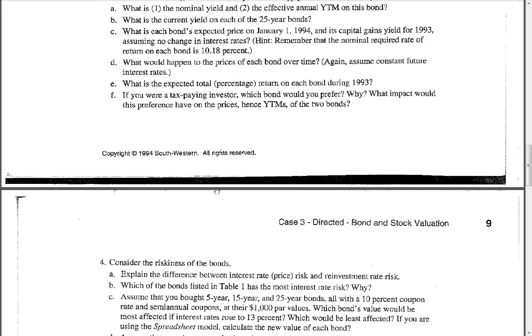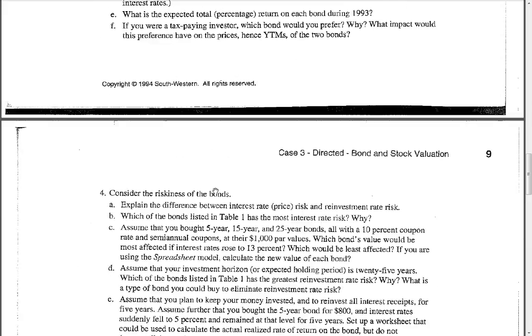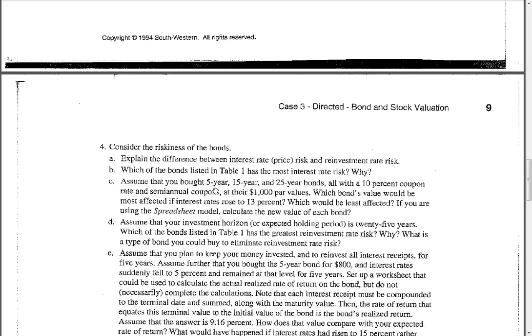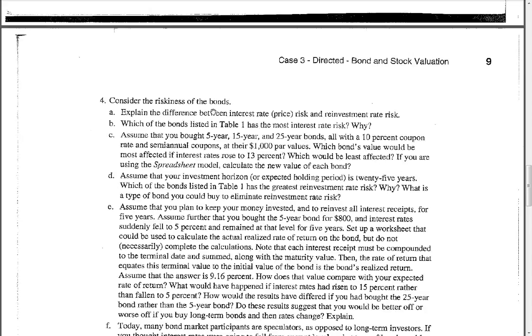Okay. Question 4 is basically a concept question about interest rate risk and reinvestment rate risk. Define them up here. Say which bond in the table has the most interest rate risk. And now again, it's introducing separate bonds. These are not the 5, 15, and 25-year bonds from above.